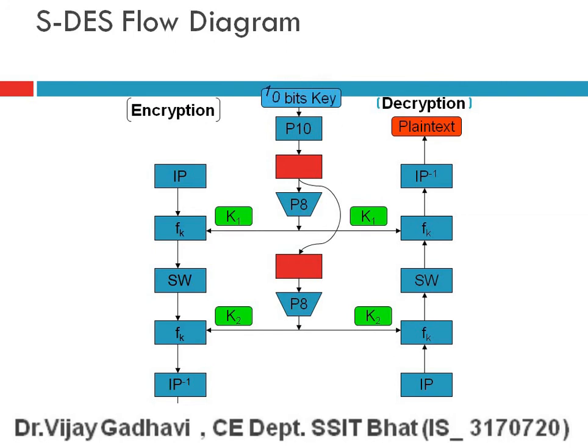And the same in decryption: we use initial permutation, FK, swapping of bits, then once again FK using the second key K1, then inverse permutation, and then we decode the bits, and you get the output as decrypted text, that means plaintext.